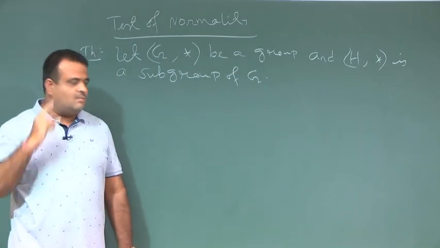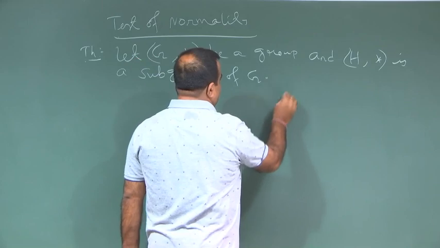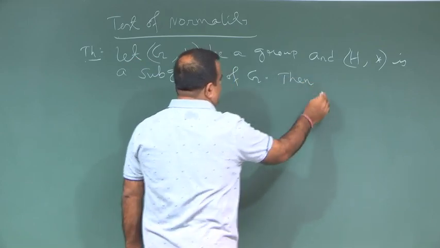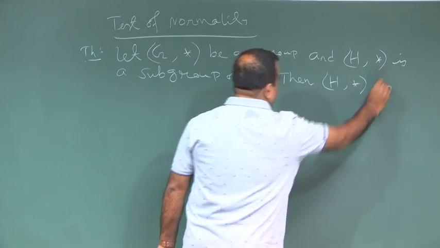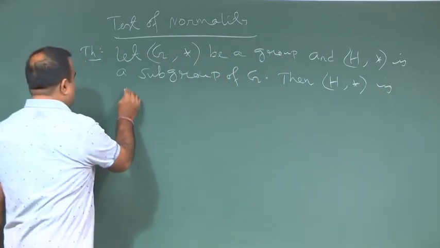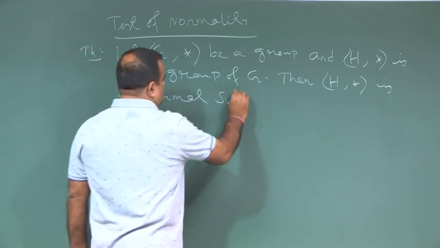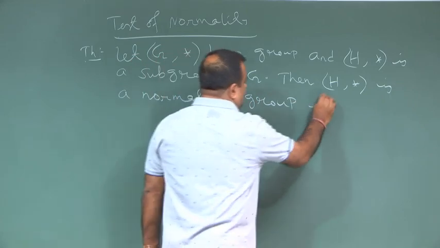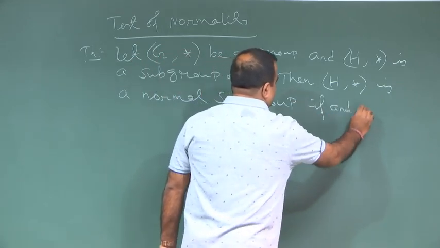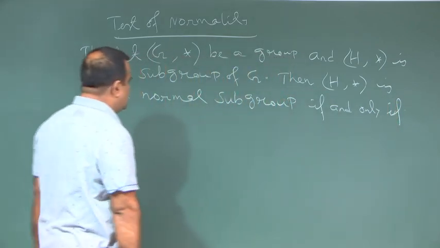Then H is a normal subgroup if and only if this is the necessary and sufficient condition. What is the condition?